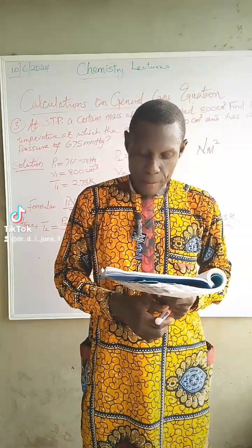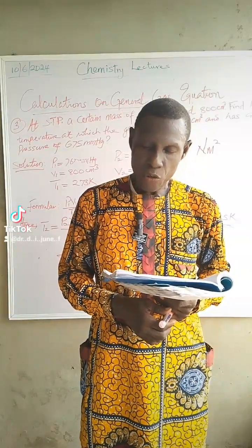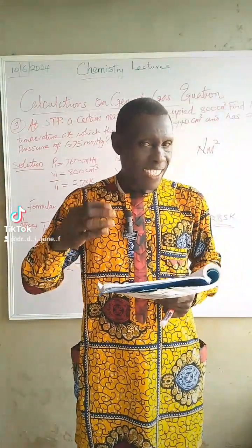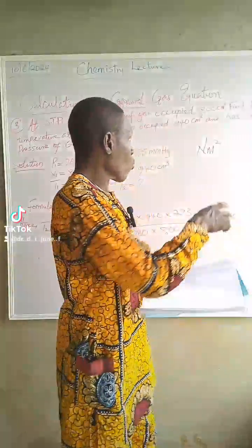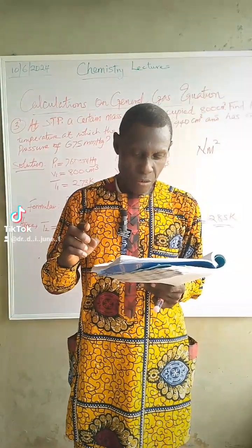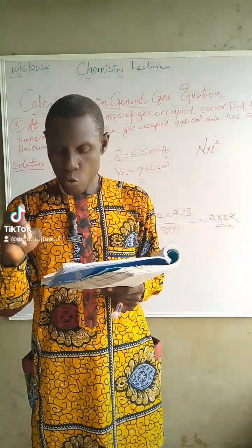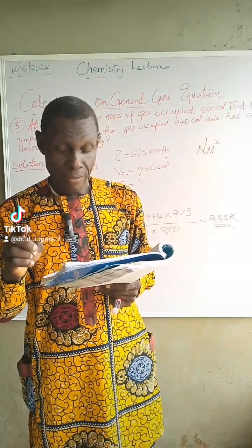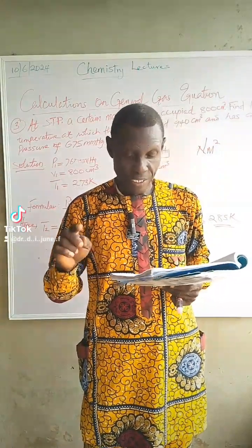And then T1, I'm sorry, the T2 will be 273 Kelvin. I repeat, when it is at STP, observe the unit of the pressure. If it is in Newton per meter square, it means the pressure will be 1.01 times 10 to the power 5, and the temperature will be 273.